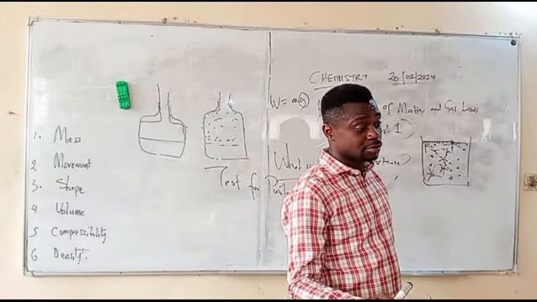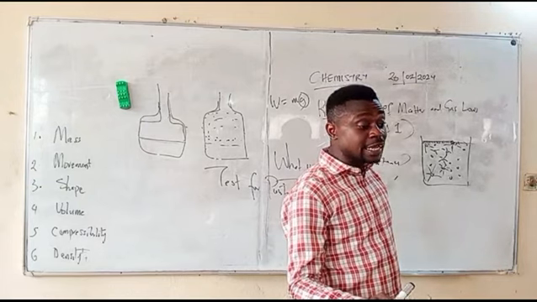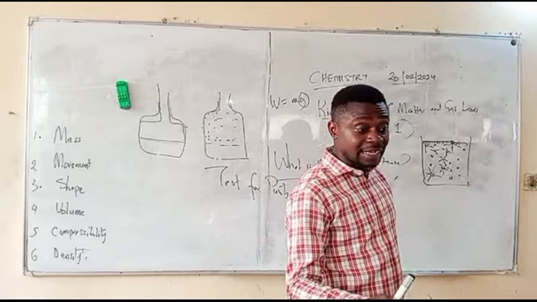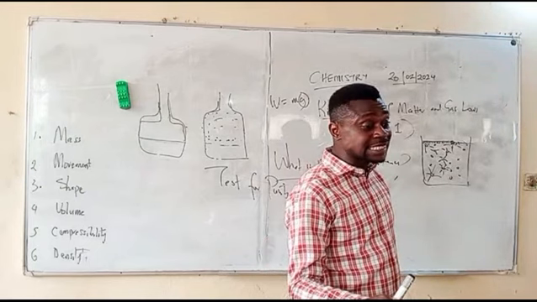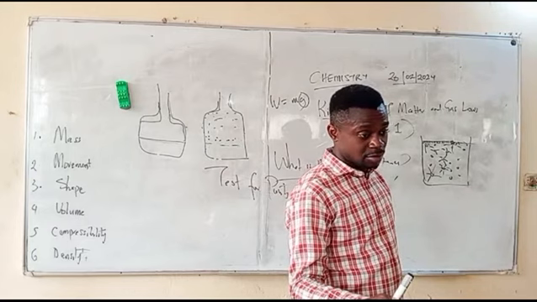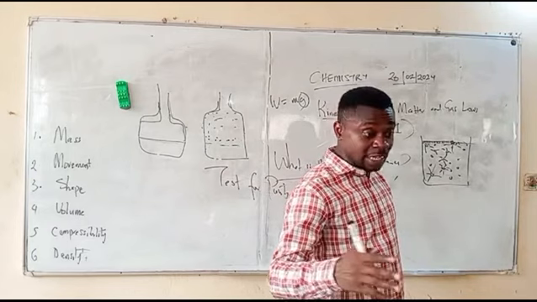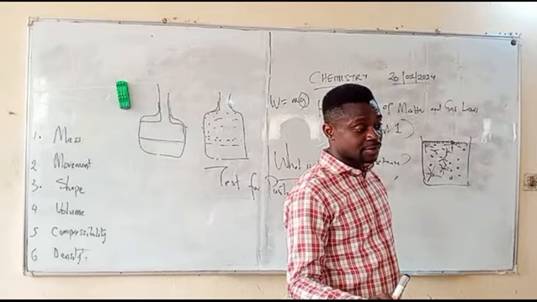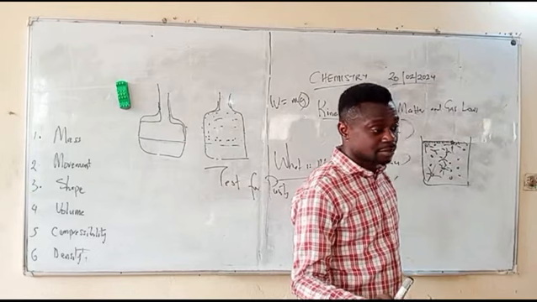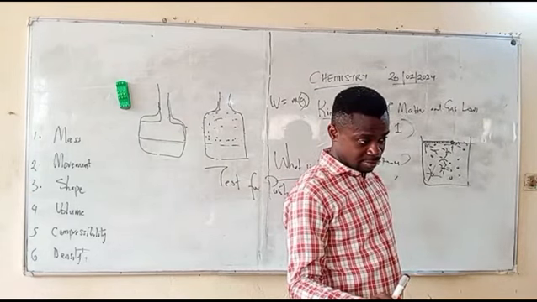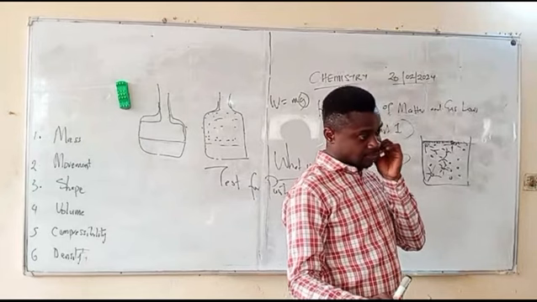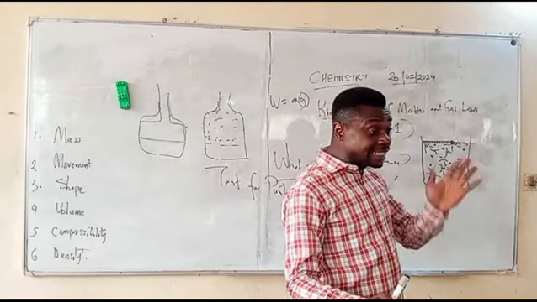But in covalent liquids the attraction is not that strong, so they are more volatile and they can leave. The process by which they leave the surface is called evaporation.